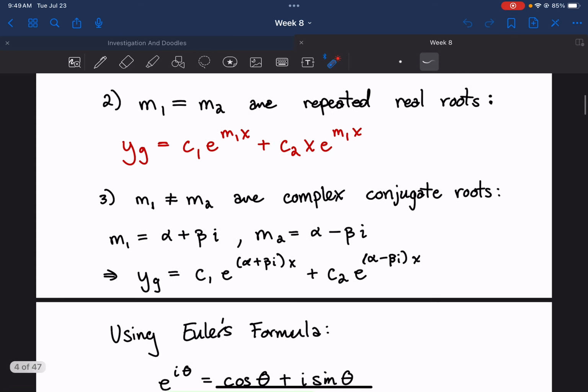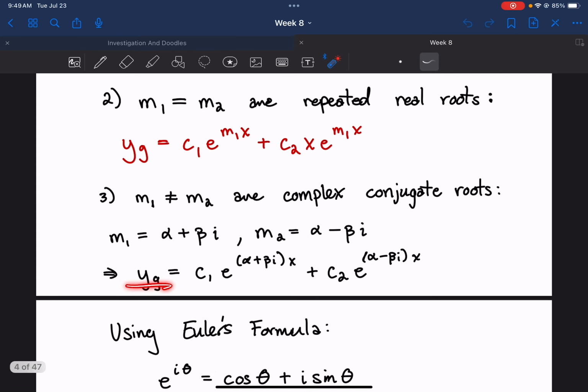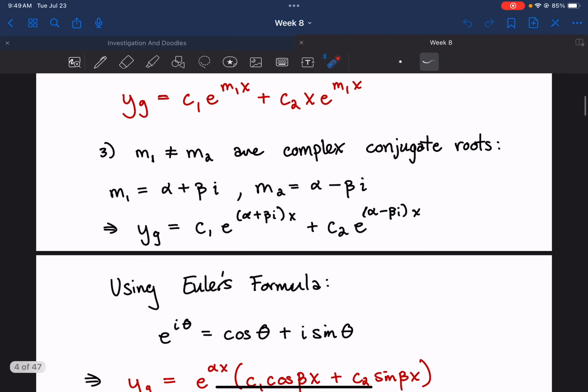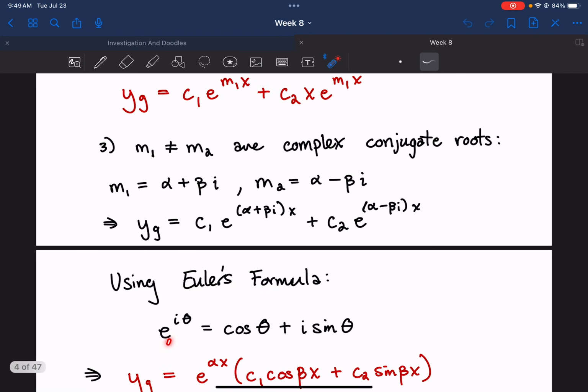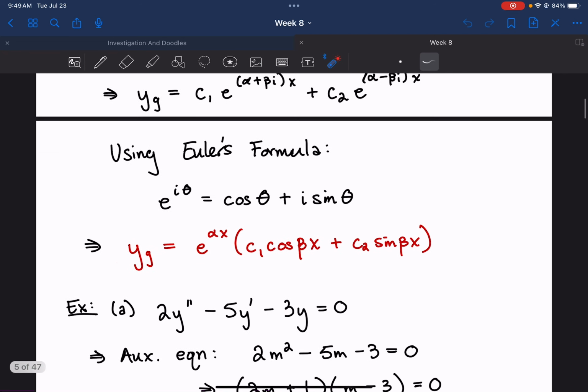And in this case, the general solution to the homogeneous second order linear differential equation is c1 e^(m1 x) plus c2 e^(m2 x). And using Euler's formula, which says that e^(iθ) = cos θ + i sin θ, we can get the general solution looks like this.